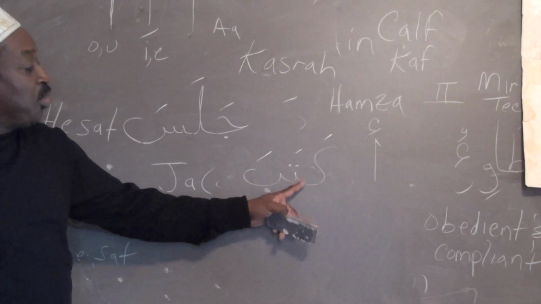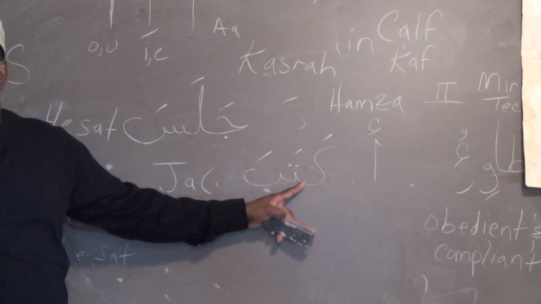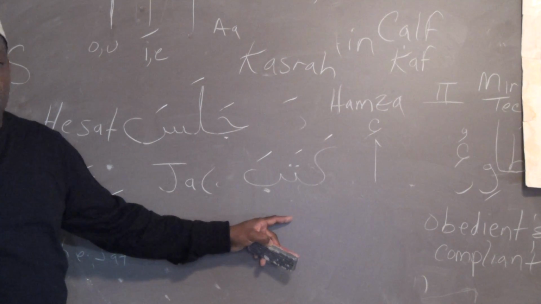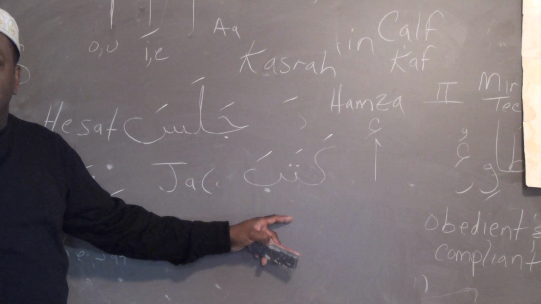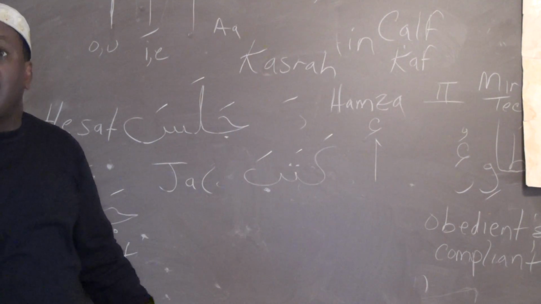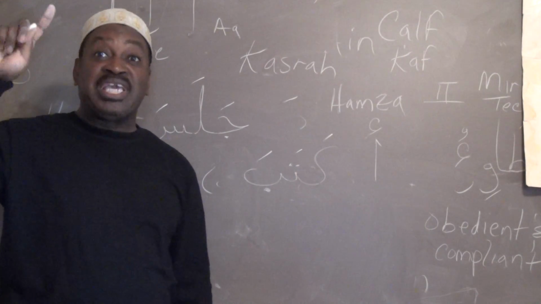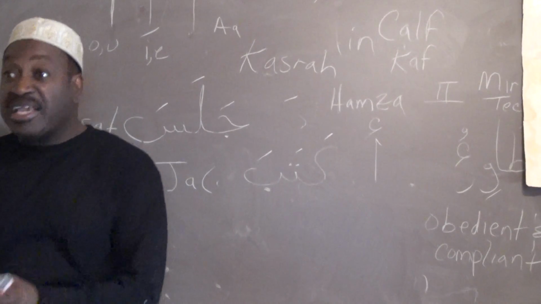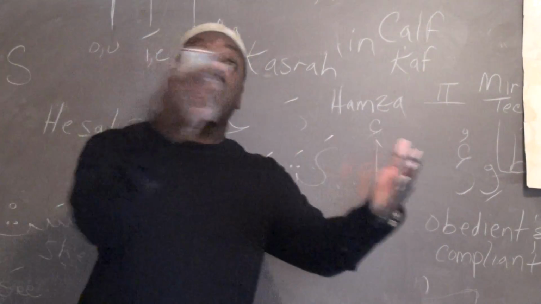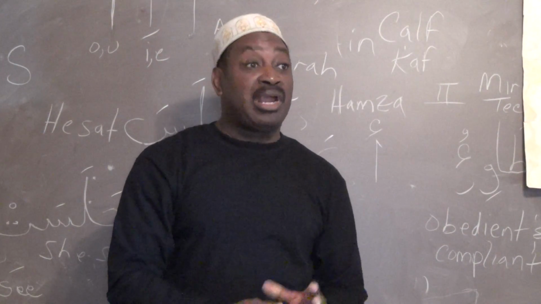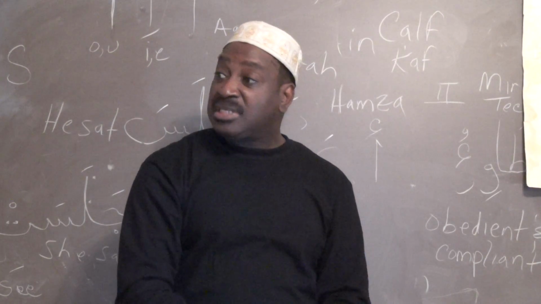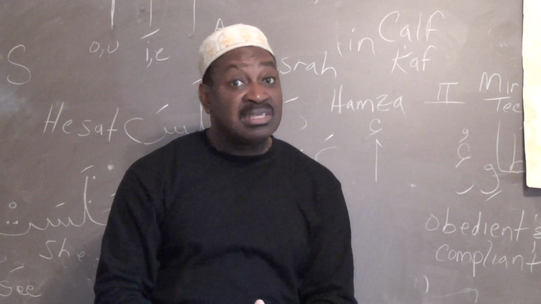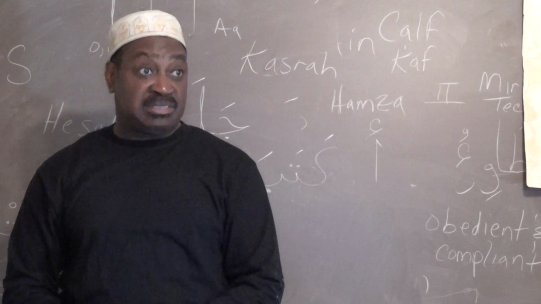So now we have the word, what here? Pronounce it for me. Kataba. Okay? Which means he wrote. See? Remember, the verb is always he plus what? The past tense. It's an action that has been completed in the past. So Arabic words have past tense, present tense, and what we call future tense.